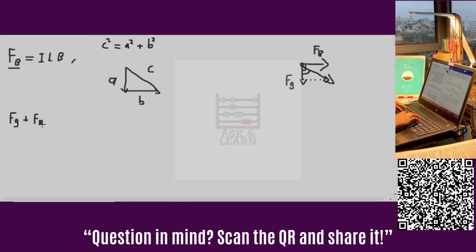That gives us our net force, which I will just call F sub n. Or you can call it net, so you don't confuse it with normal force. This is our net force, the total force, the sum of the two forces, and these are all squared terms.